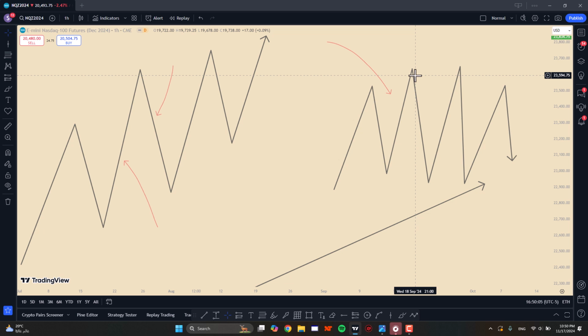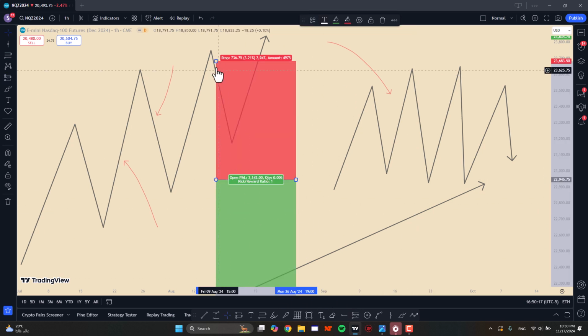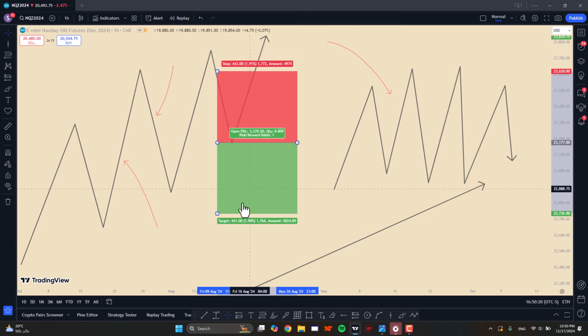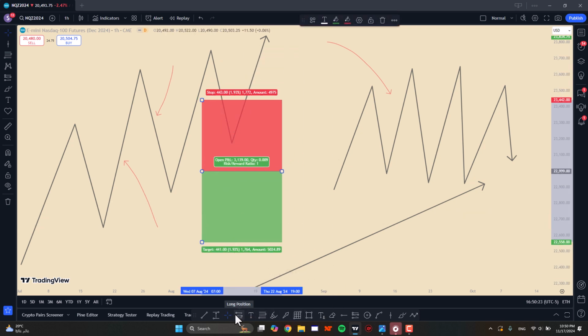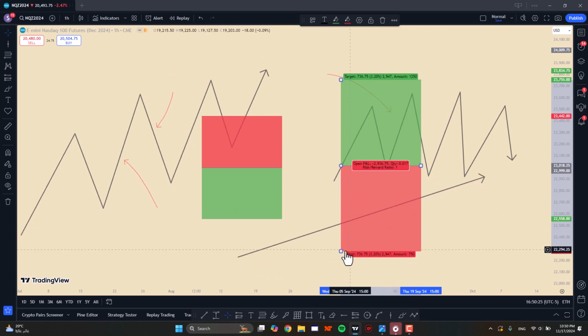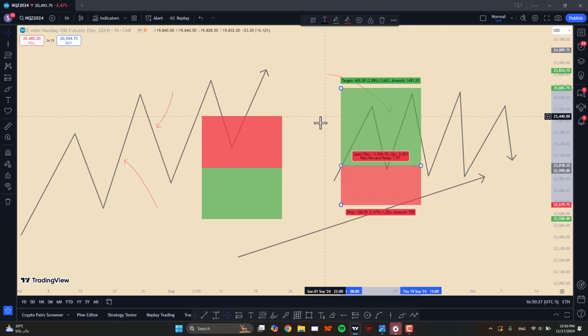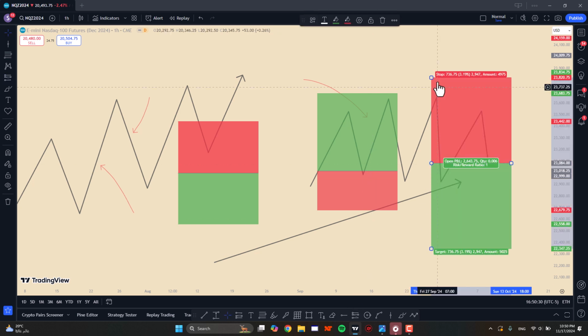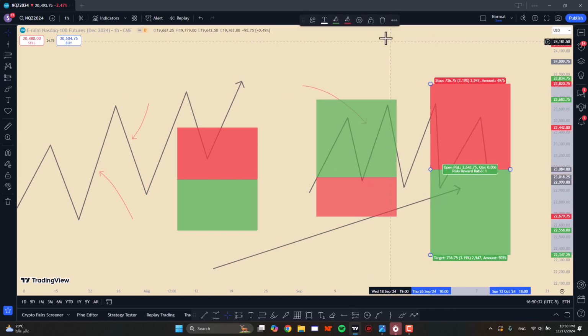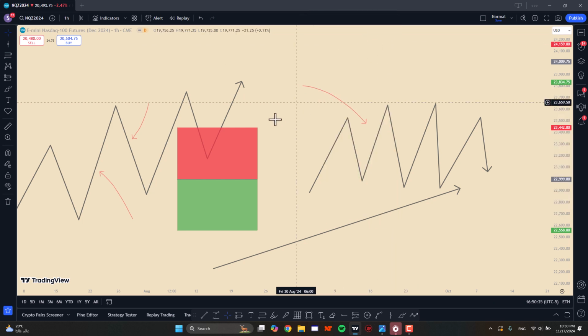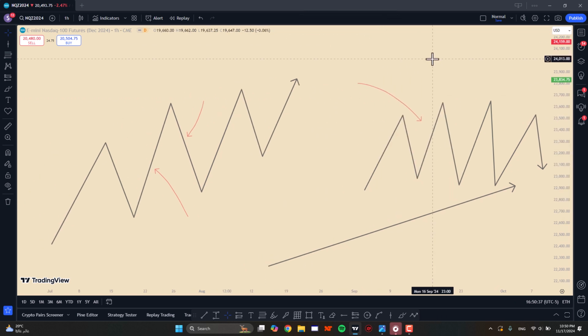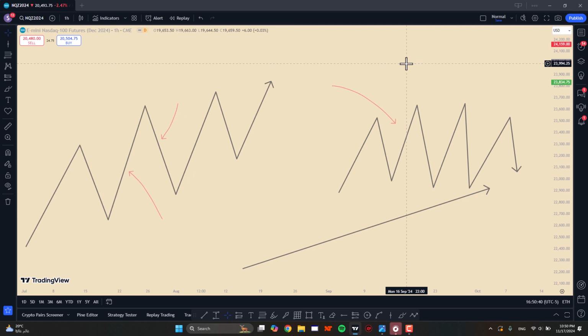Again, this is based on my experience, and what I see in your messages, right? I see people send me charts and they took a short, and then immediately after, they get stopped out, and immediately after they took a long. Maybe they win and then they take a short, and then one more time they take a long, right? And they always get cooked because of this. You don't know where you are on the higher time frame.